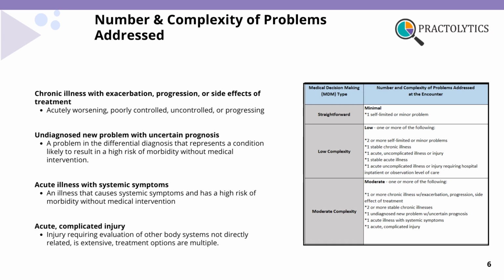This is an injury which requires treatment that includes evaluation of body systems that are not directly part of the injured organ. The injury is extensive, or the treatment options are multiple and associated with risk of morbidity. Sometimes fractures or injuries that require a significant neurological evaluation may fall into the acute complicated injuries or illnesses.